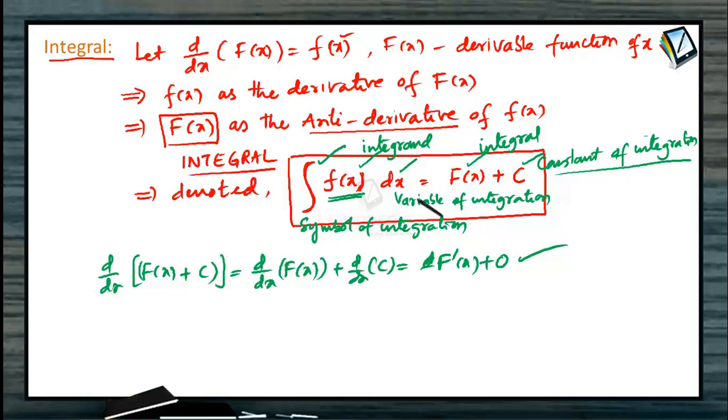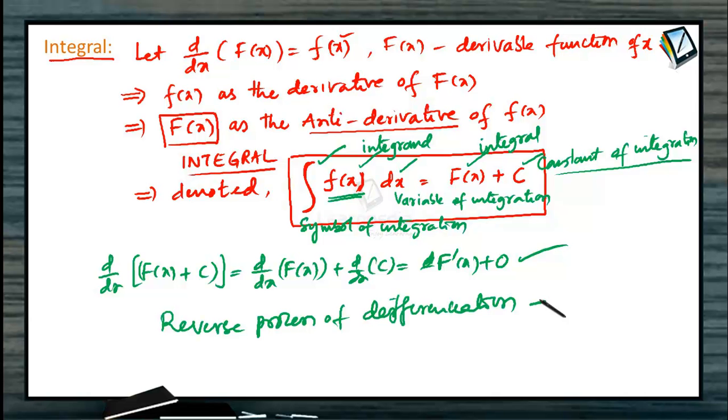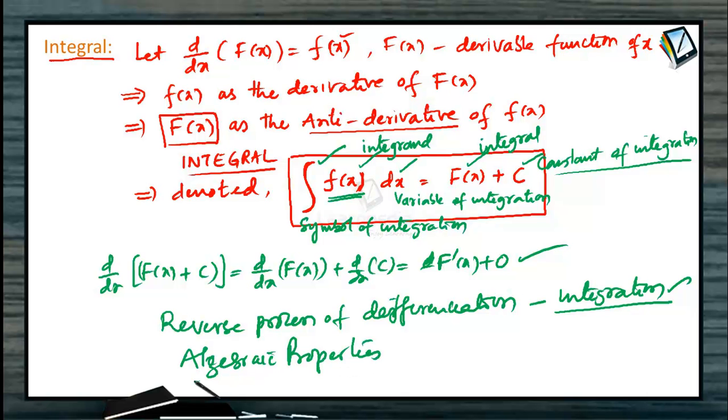Observe that the process of integration is almost the reverse process of differentiation. So the reverse process of differentiation is nothing but integration. Before we discuss this topic, let us find what algebraic properties are related to integration. We had algebraic properties in the case of functions and limits.